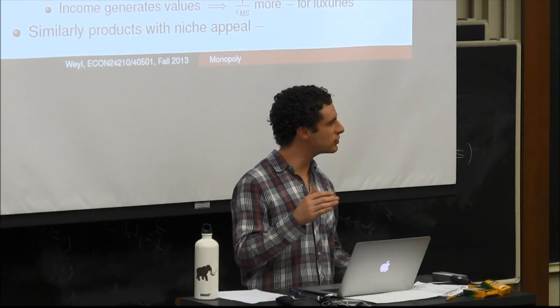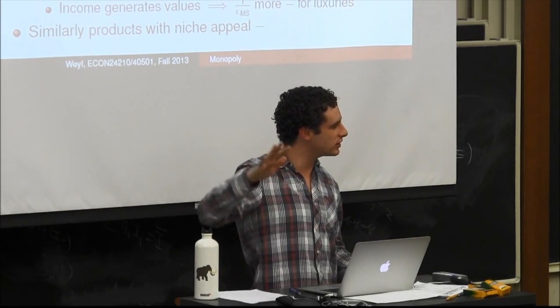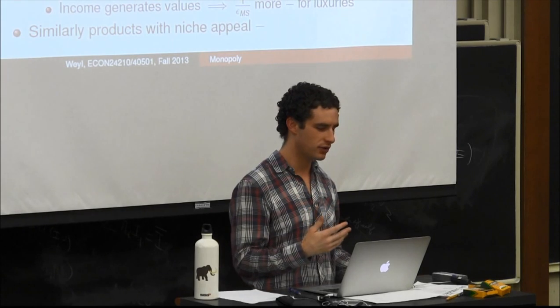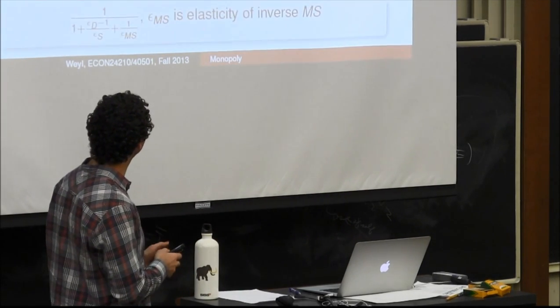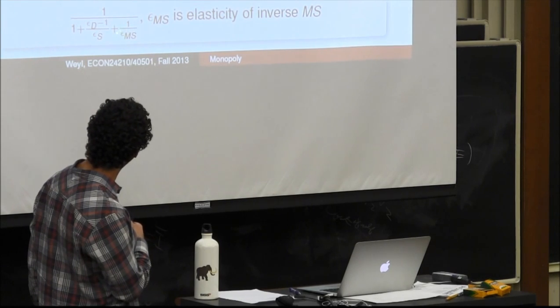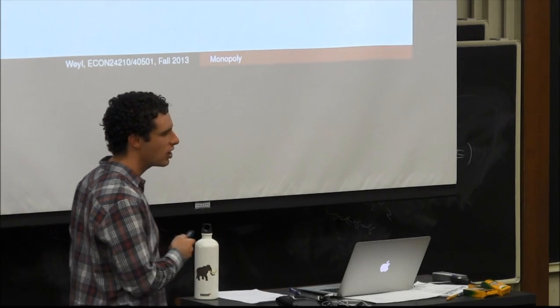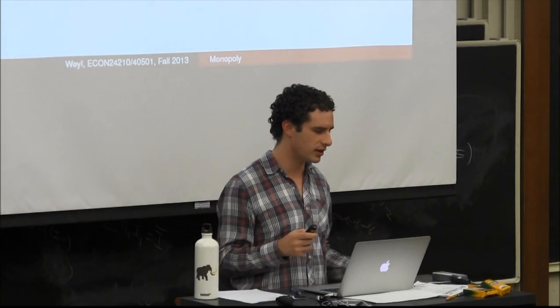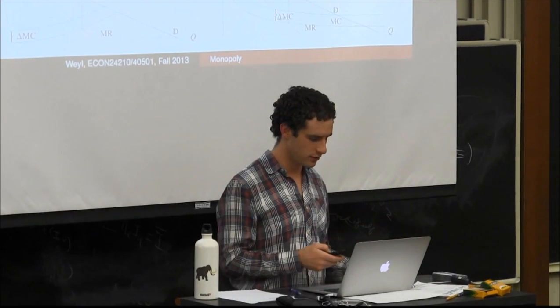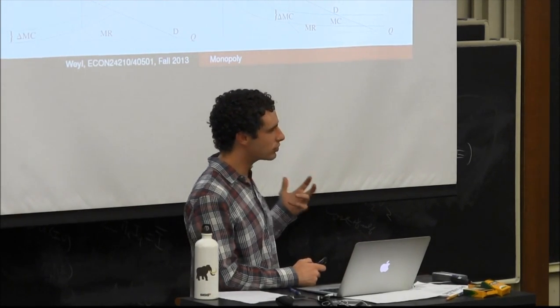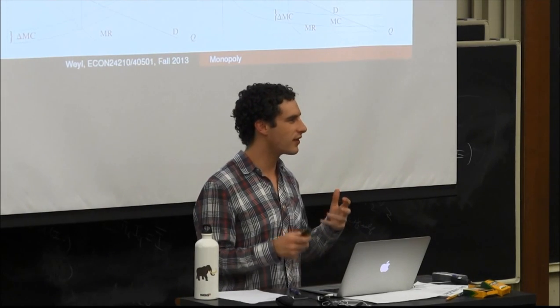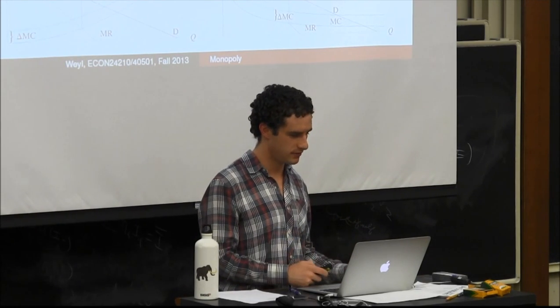And products with very niche appeal, so that there's going to be a very long tail to its valuation, you're going to expect to have very large pass-through, because that makes this 1 over the elasticity of marginal surplus very negative, and therefore makes this whole thing large. On the other hand, things that are sort of utilitarian and that people have very similar values for are going to have low curvature, and therefore are going to have low pass-through rates.